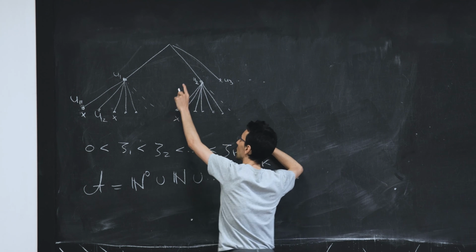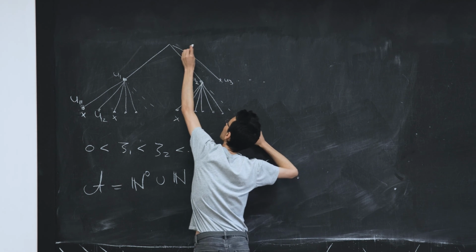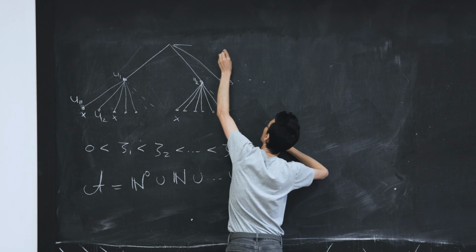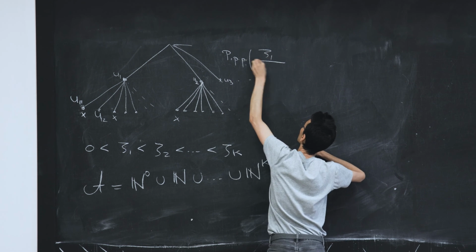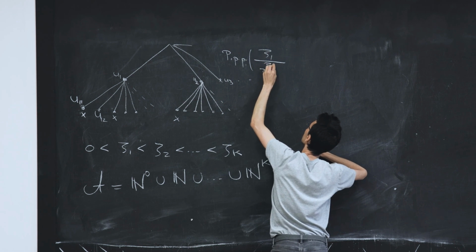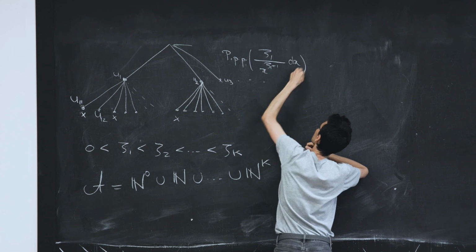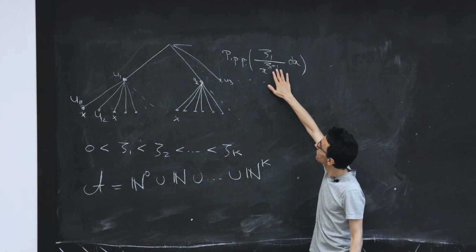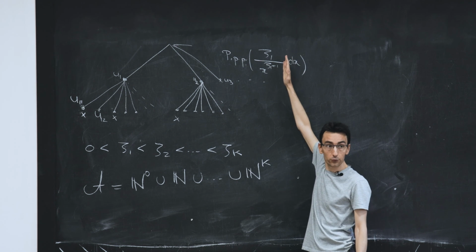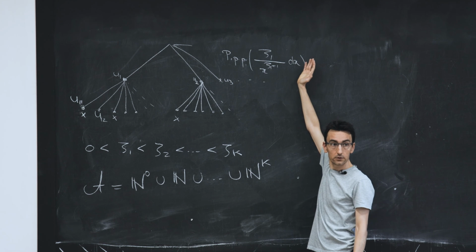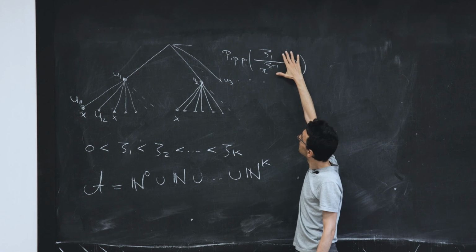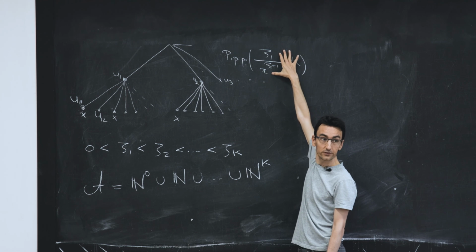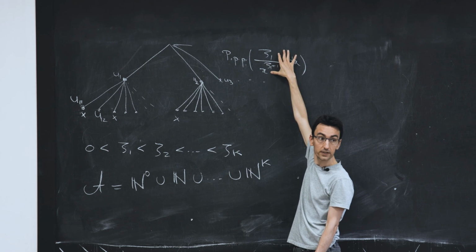For each of these levels, here I'm going to pick a Poisson point process of intensity zeta1 over x^(zeta1+1) dx. This point process has a finite number of points to the right of 1, because if you compute the integral of that quantity from 1 to infinity, it is finite.